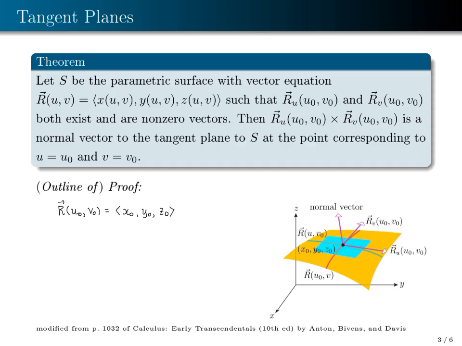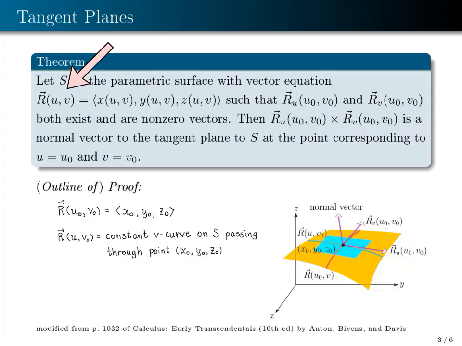Here, surface S is colored yellow. If we set v equals v0, we obtain the constant v curve r of u, v0 on S passing through the point x0, y0, z0. In the figure, r of u, v0 is represented by the green curve on S.